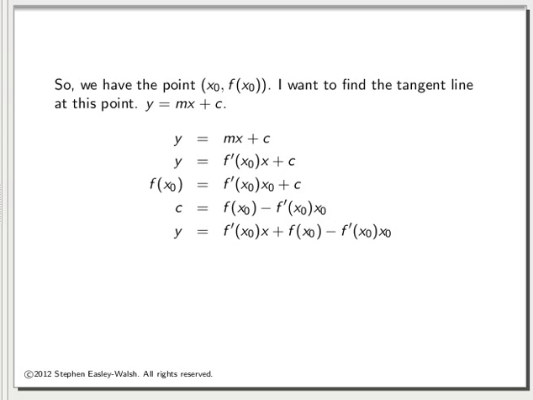How did you get the c on the fourth line? Well, on the third line, I just took this piece over to the left. And where is the y? The y was replaced by f of x0, because like you said, to find the c you need to use a single point. So I replaced the x and the y. And here's the x and the y here.